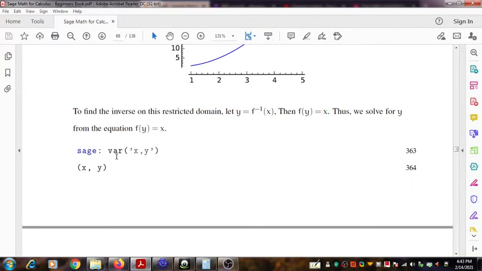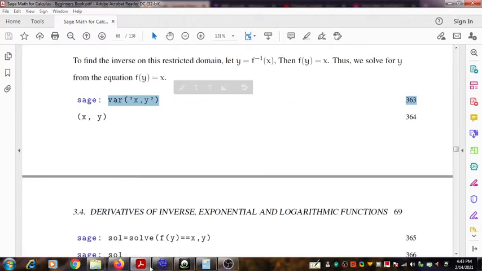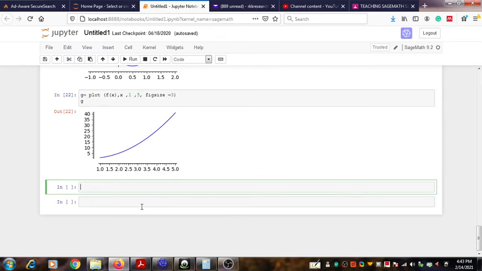So we define two variables, x and y, to avoid the error of not defining the variable. Using that command we define the variables x, y.